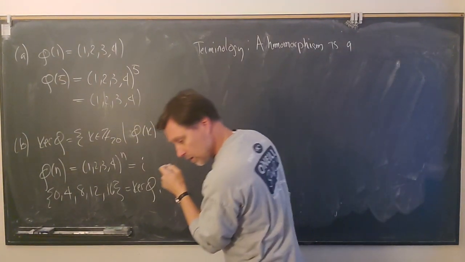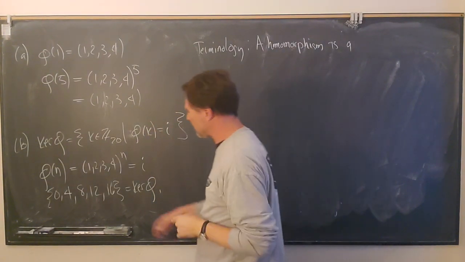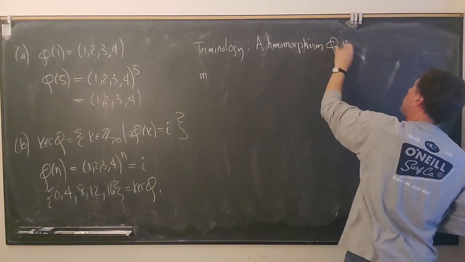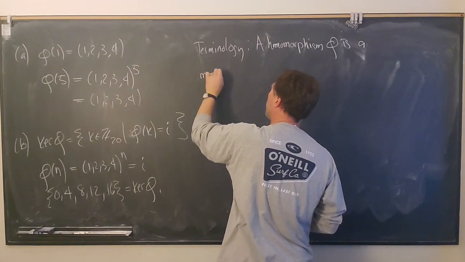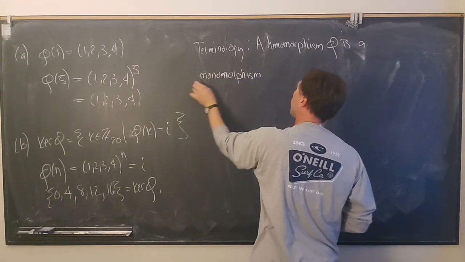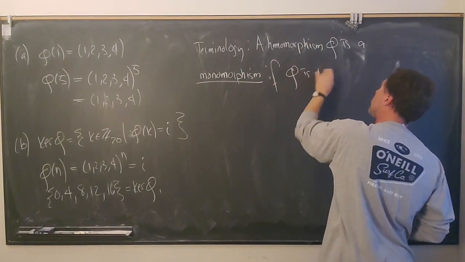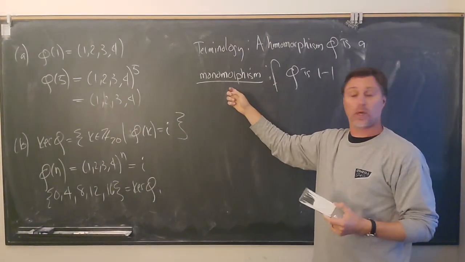Let's start with monomorphism. Oh, you know what? Let me give this a name. So homomorphism phi is a, and there's a bunch of fun words here. Monomorphism if phi is 1 to 1. So that's the term that we give to a 1 to 1 homomorphism. It's called a monomorphism.